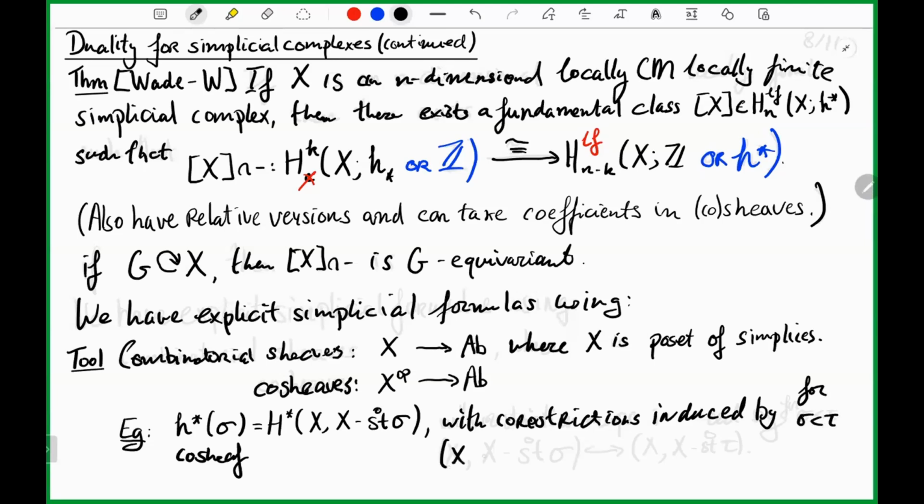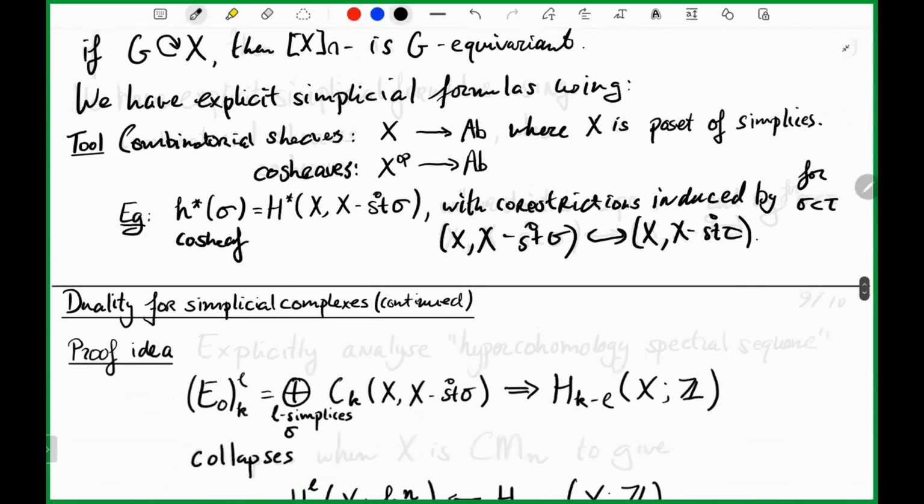The way I do this is I just use the inclusion of pairs, X relative to the open star. You just have this inclusion of pairs, and you run through the arrow direction, and you find out that it's mapped right. So that's an example.